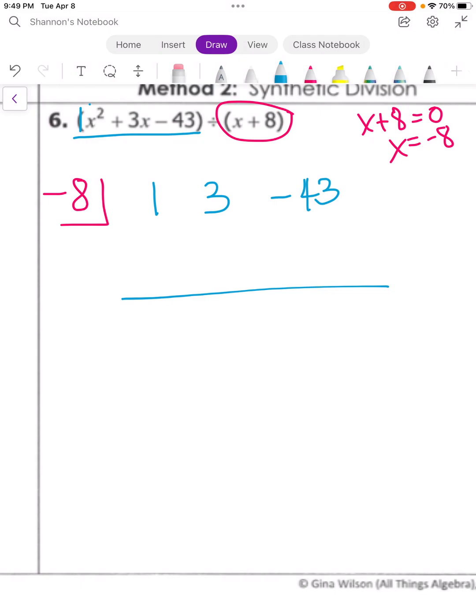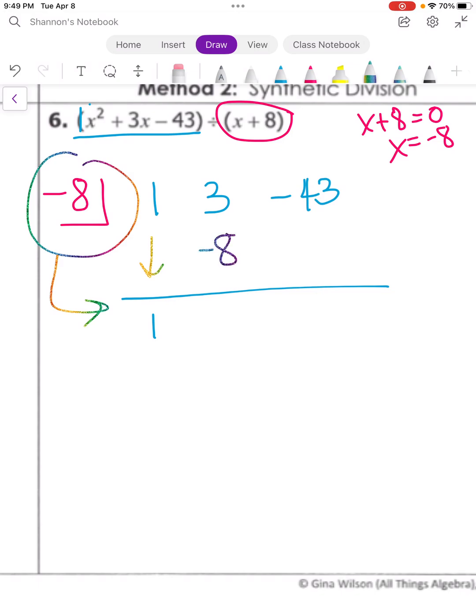Then, what you do, always bring down that first number. Then whatever's underneath this line there, you are going to be multiplying the number in the box times that. So I'm going to do negative 8 times 1.